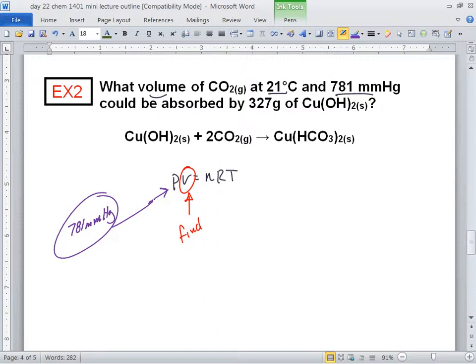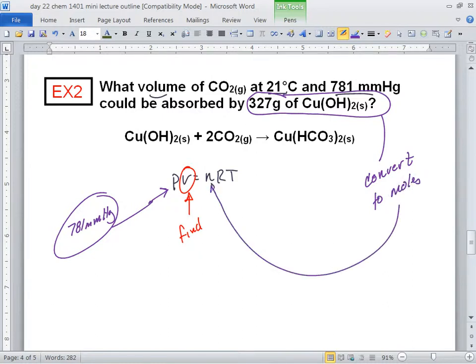Dylan, what's another variable that you got? You convert the grams to moles. Yeah. Okay. Convert these 327 grams to moles, because that's what little n is. The question, I think, is moles of what?